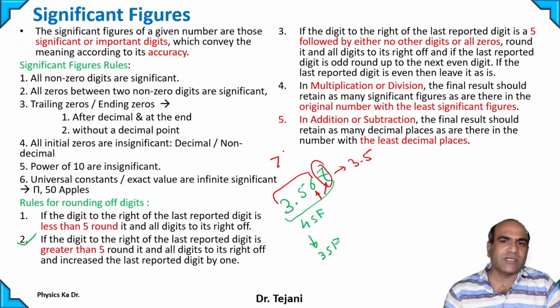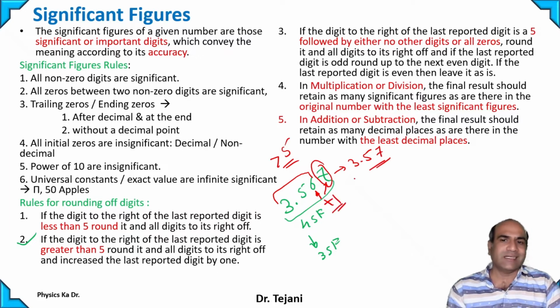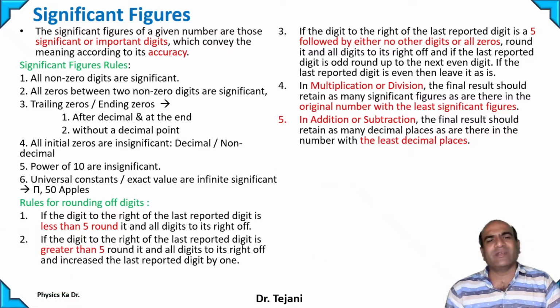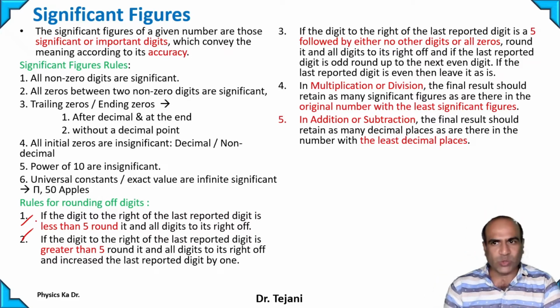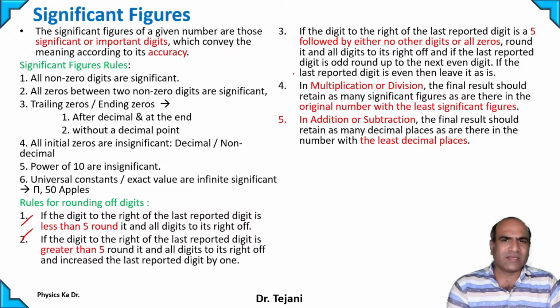If this digit is greater than 5, then this 6 should become 7. Just simply add 1 to the last digit. Everyone knows this, right? This is rule number 2. There is nothing new; everyone knows that.